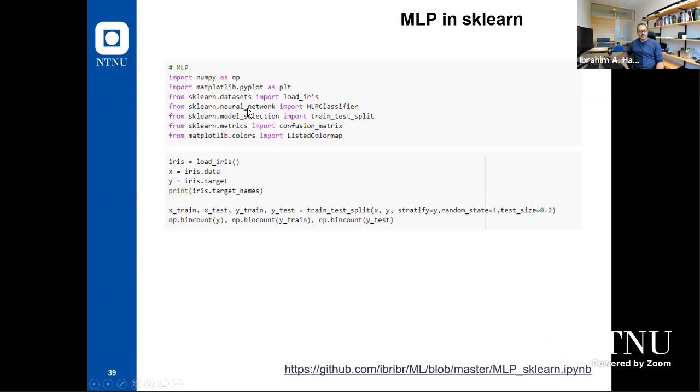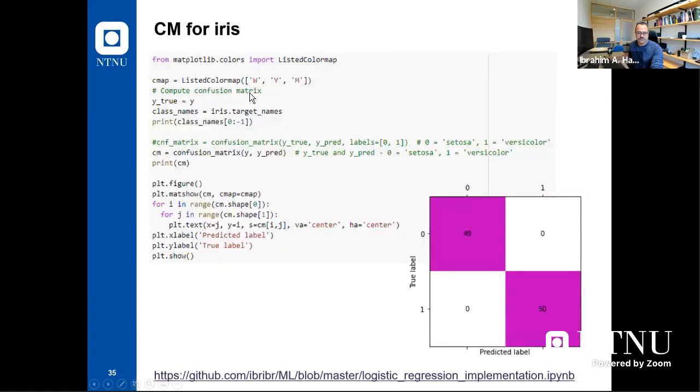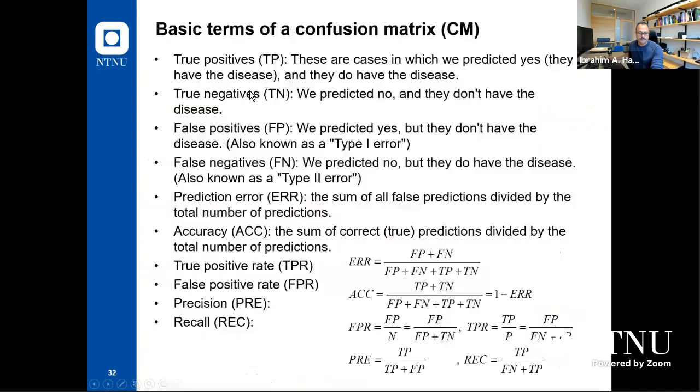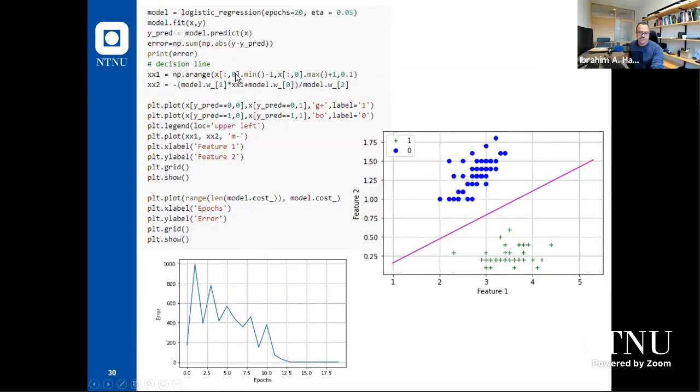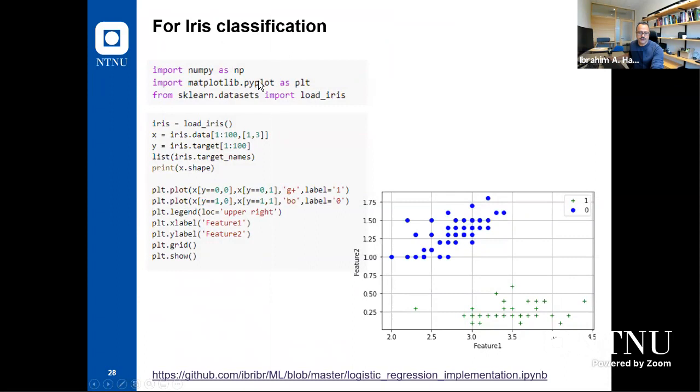Do you remember last time when we used a perceptron? We can just import a perceptron, right? But it's not from neural network, it's from linear model. For example, how can we import logistic regression?